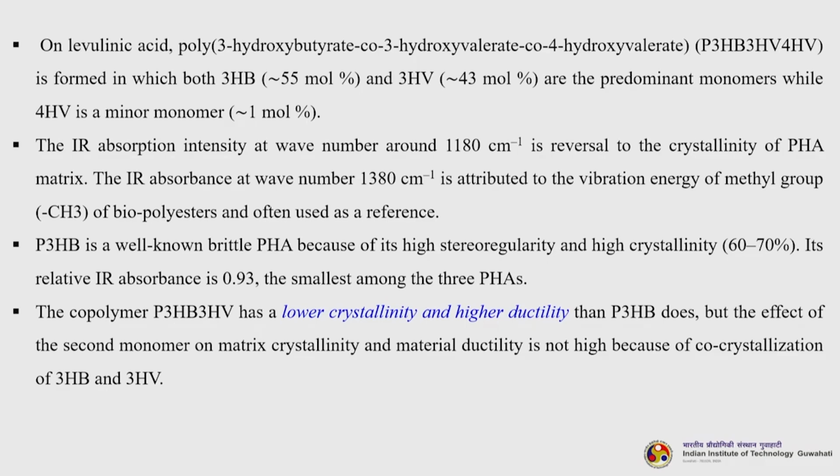Its relative IR absorbance is 0.93, the smallest among all the 3 PHAs. The copolymer P3HB3HV has a lower crystallinity and a higher ductility than P3HB does, but the effect of the second monomer on matrix crystallinity and material ductility is not high because of co-crystallization of the 3HB and 3HV.